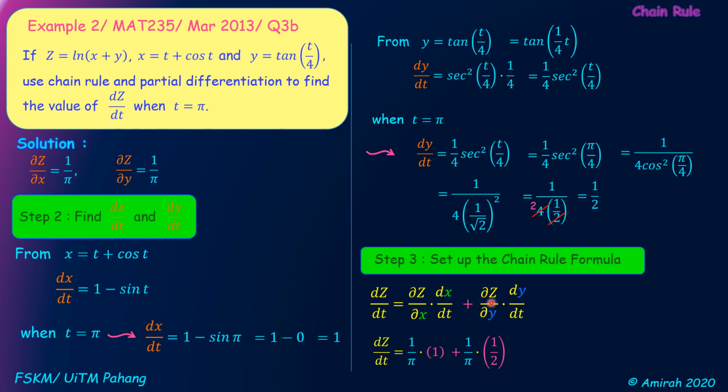And then plus ∂z/∂y, which is 1 over pi, and then times dy/dt, which is 1/2. Then we factorize, so we have 1 over pi and then in brackets 1 plus half, which means 1 over pi times 3/2. When we simplify, it equals 3 over 2 pi. So 3 over 2 pi is our dz/dt when t equals pi.